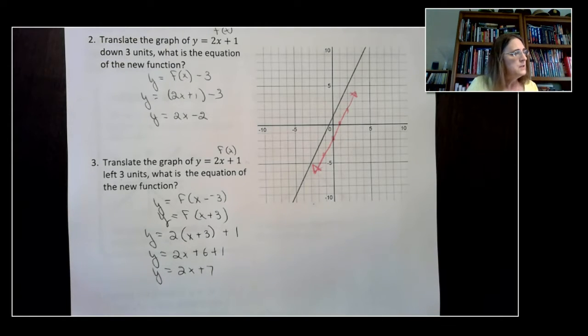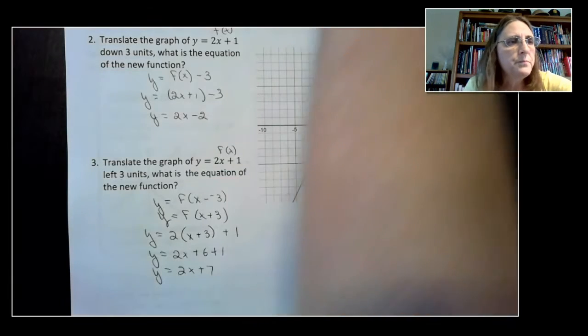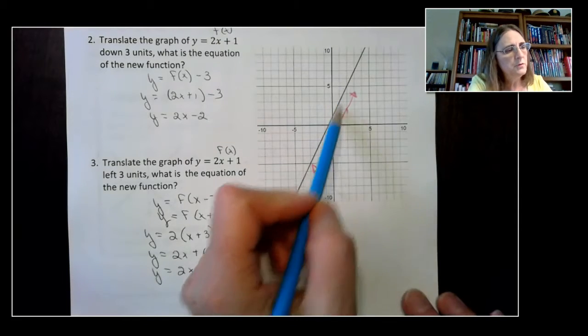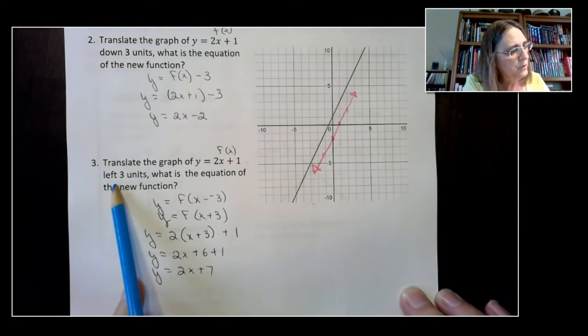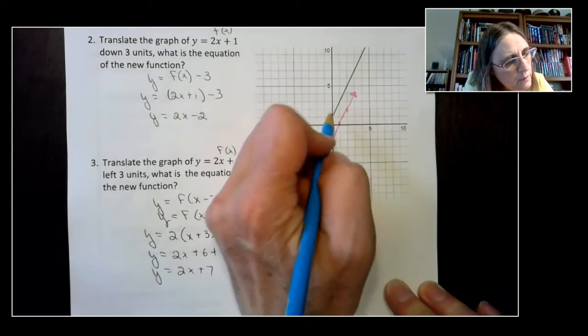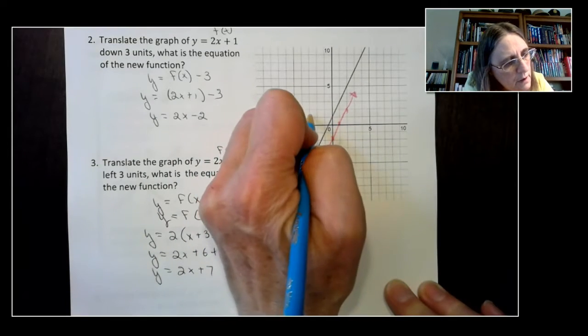Now let's do our transformation physically by moving our original function y equals 2x plus 1 to the left 3 units and see if that works. So here's a point. Let's move it left 3. 1, 2, and 3.